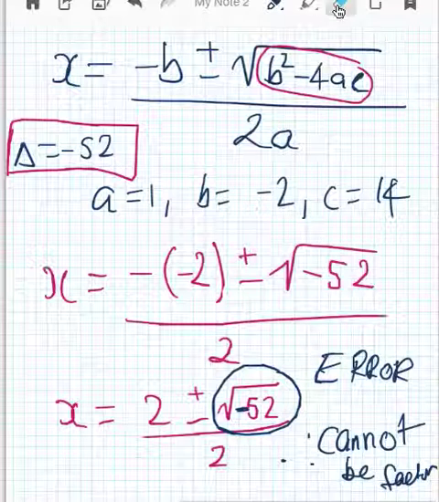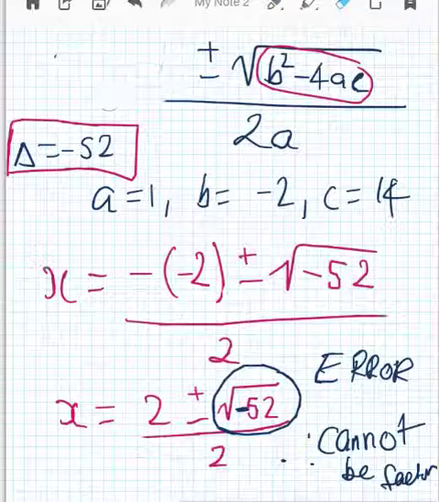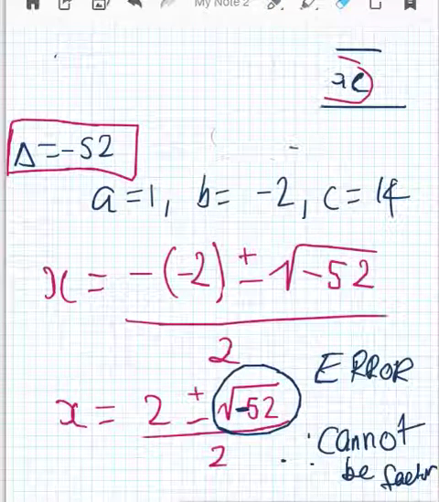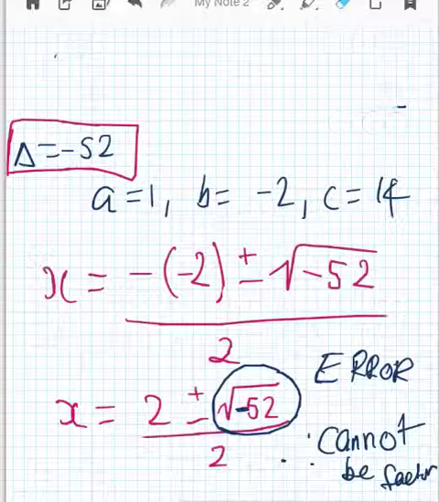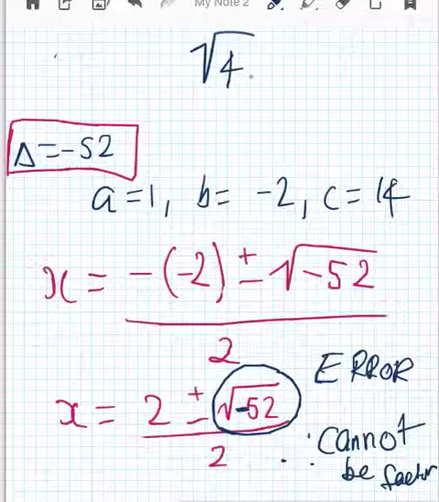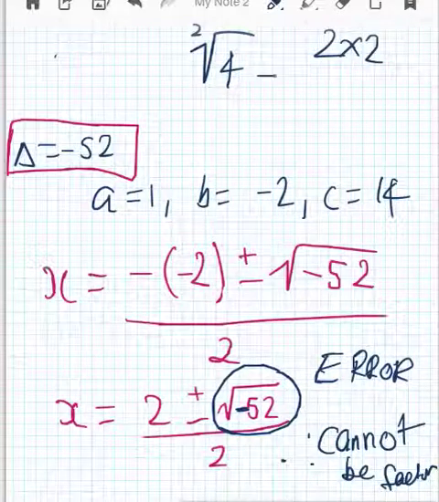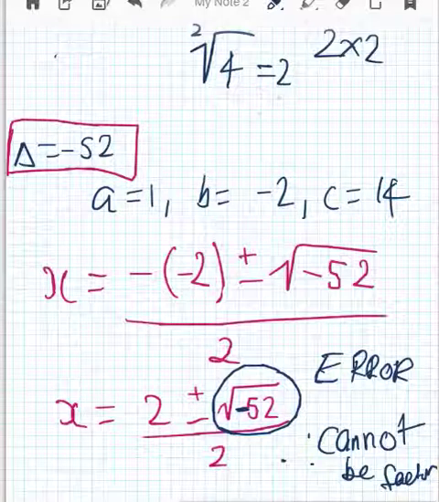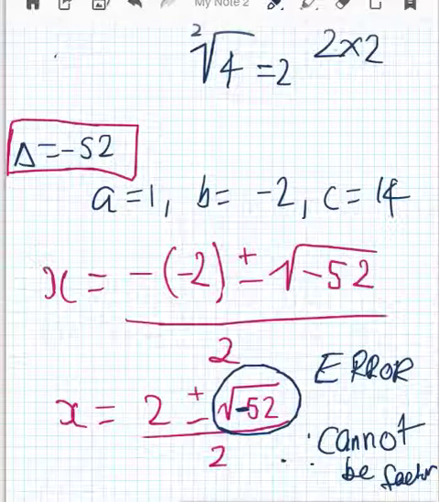The reason it gives you an error is our basic knowledge of square roots. The square root of 4, we know there's an invisible 2 out here asking us, is there a number times itself twice to give us 4? Well, we know that 2 times 2 is 4, so the number is 2, and it's a positive 2. Because we're always multiplying a number with itself, it'll always be a positive answer.